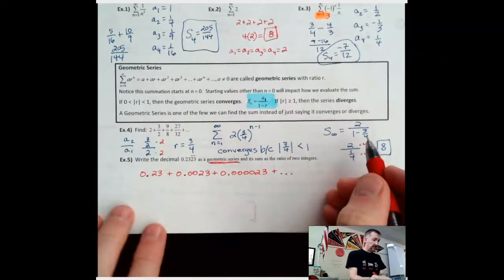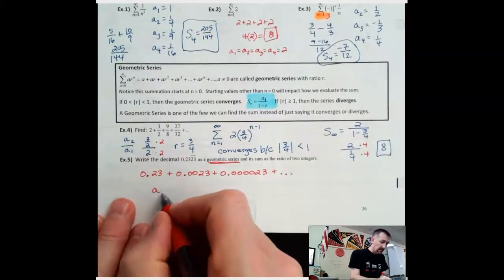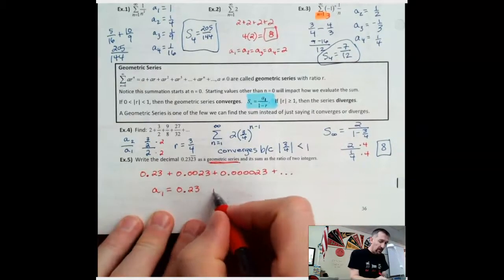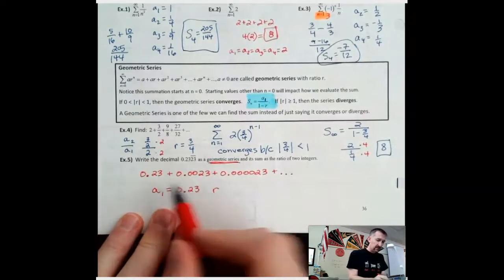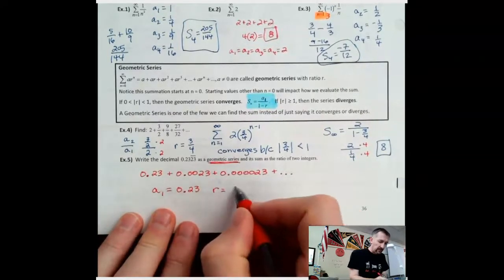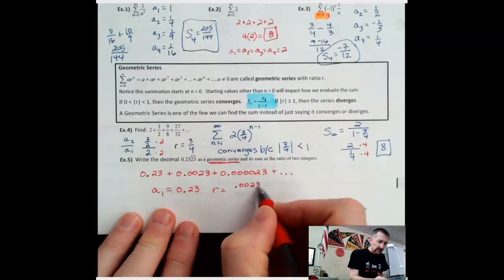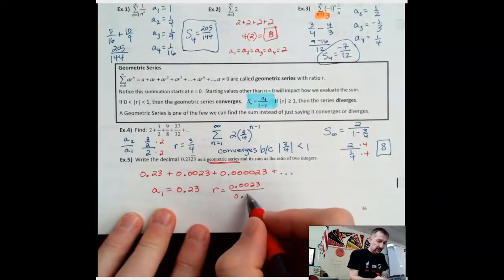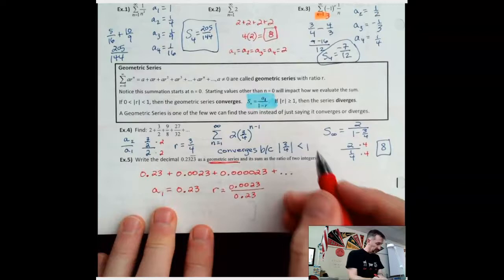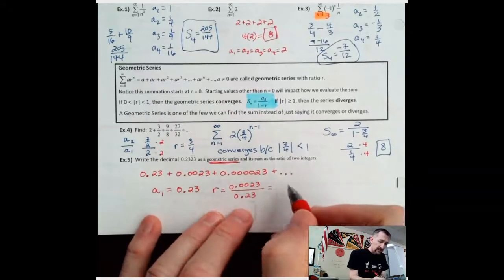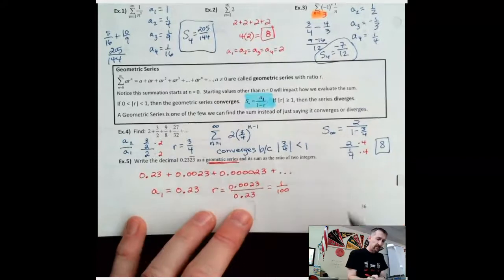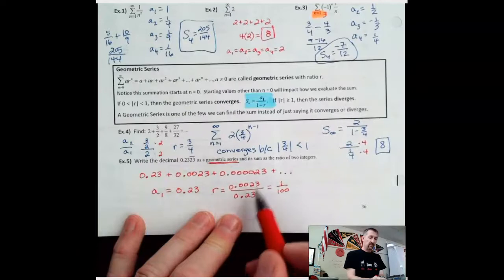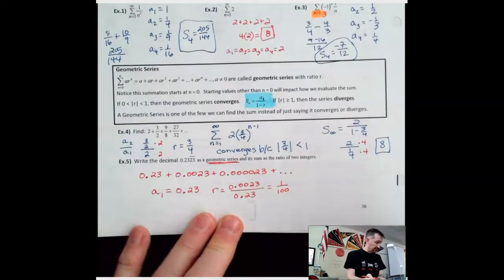So a sub 1 is going to be 0.23, and r, so if you take the second term divided by the first term, I don't usually put zeros in front of the decimal, but it's fine either way. So that's going to be 1/100. If you move this decimal 1, 2, 3, 4, and you move this decimal 1, 2, 3, 4, 1/100.